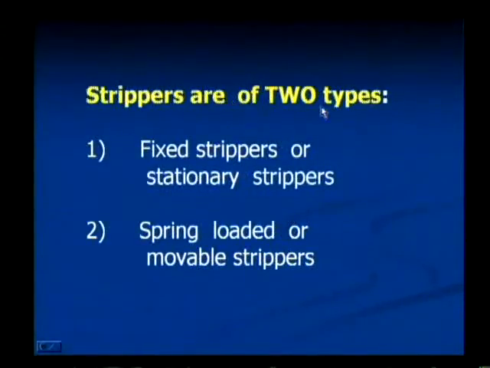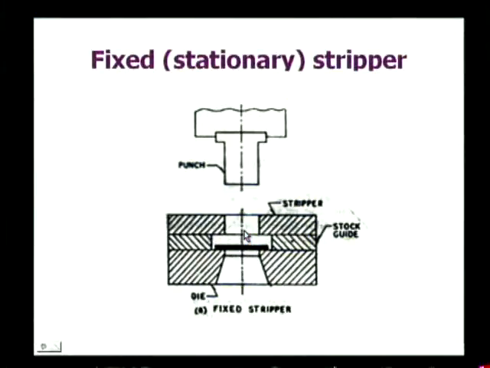Strippers are of two types. One is fixed strippers, which are also called stationary strippers. The second one is spring loaded strippers, or movable strippers. Now, you can see the fixed or stationary stripper. Here this is the punch, and this is the die, and this is the blank, and here this is the stripper.